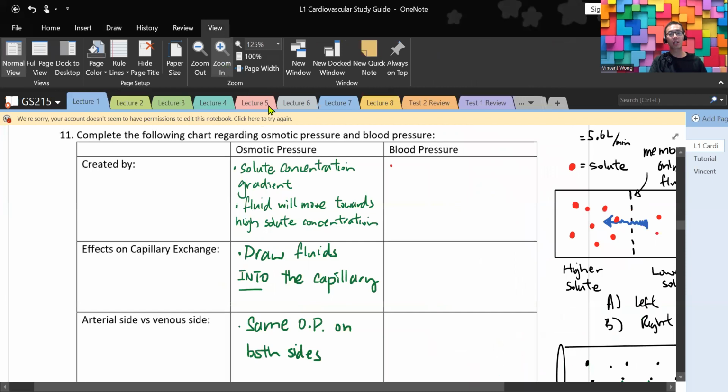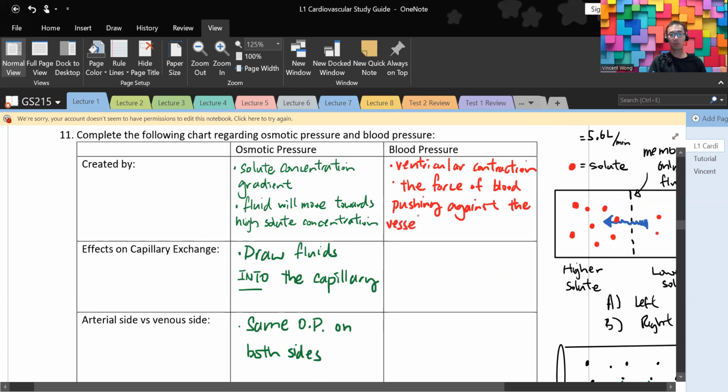When the ventricle contracts, that creates the blood pressure, and as I mentioned earlier, it is the force of blood pushing against the vessel wall.